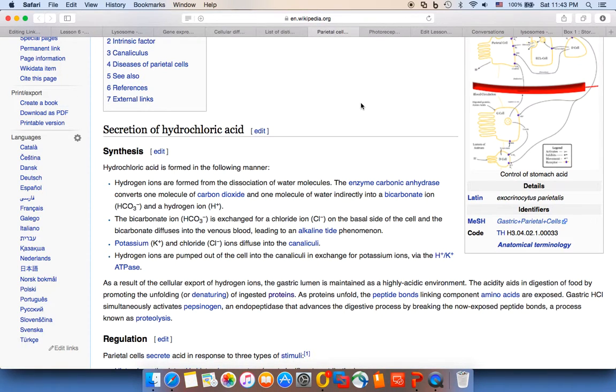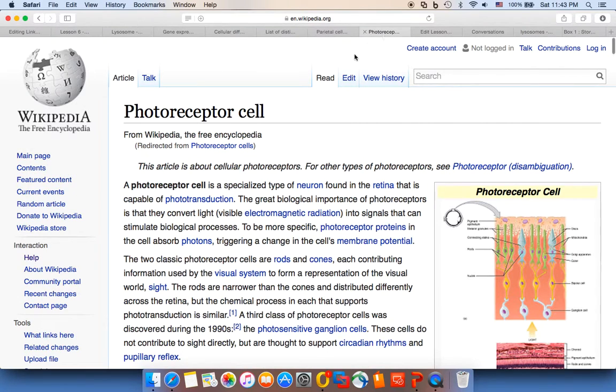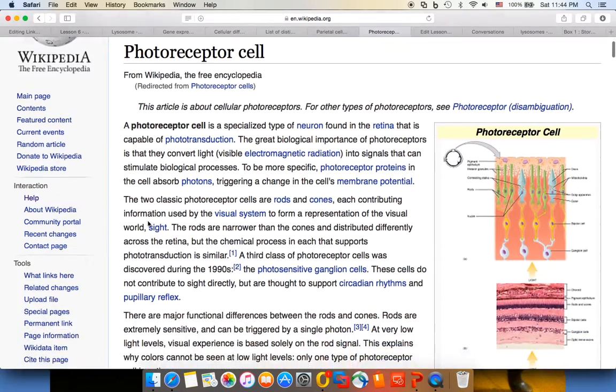Okay, amazing cells. Here I click on the photoreceptor cells. Of course, I was very curious. These are the cells that are a type of neuron found in the retina and capable of phototransduction, so they communicate light information.